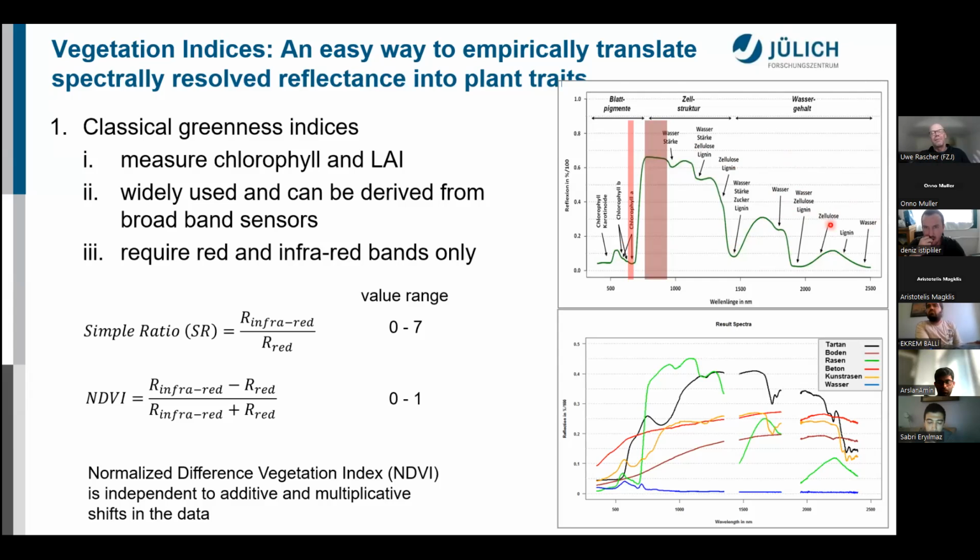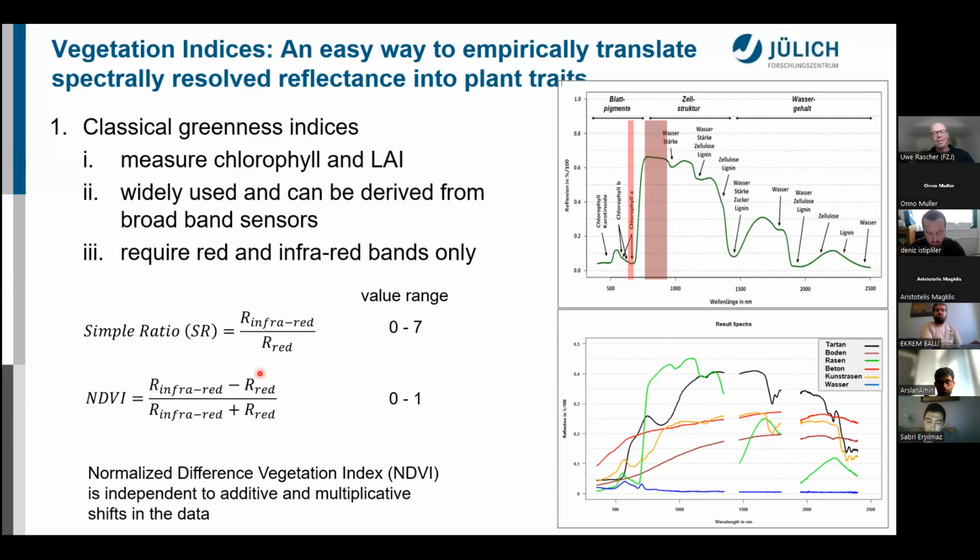And the first thing which people did is that they used some specific characteristics in the reflectance curves, which are specific for plant constituents or plant components, and developed so-called vegetation indices. The first vegetation index was the so-called simple ratio.